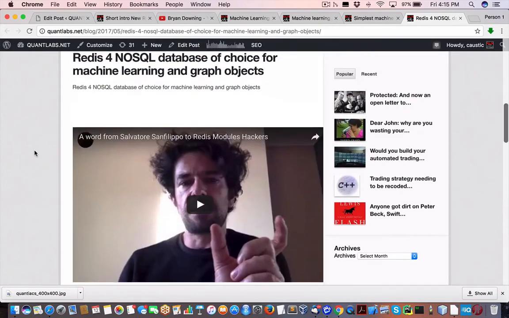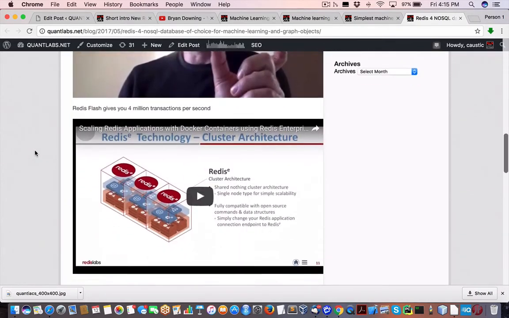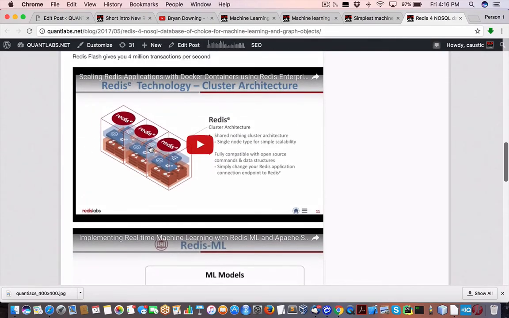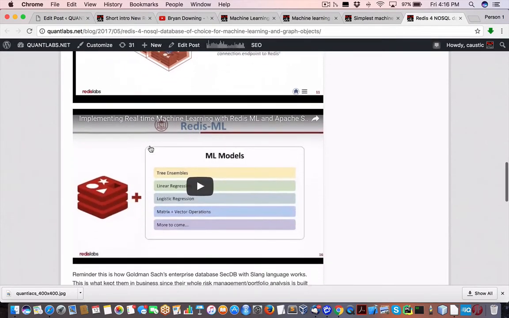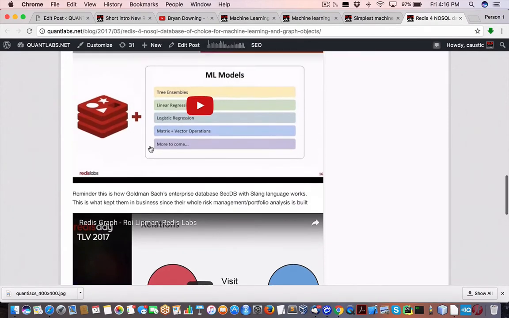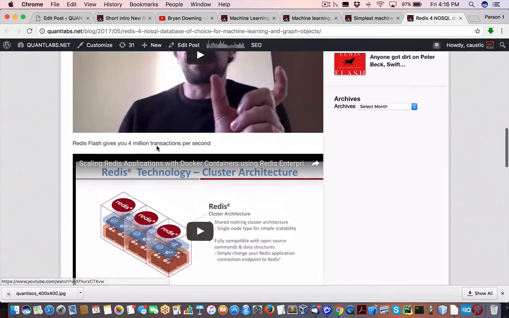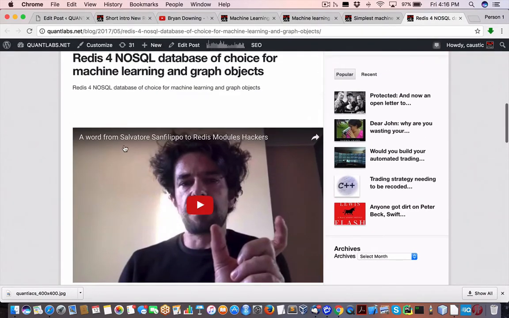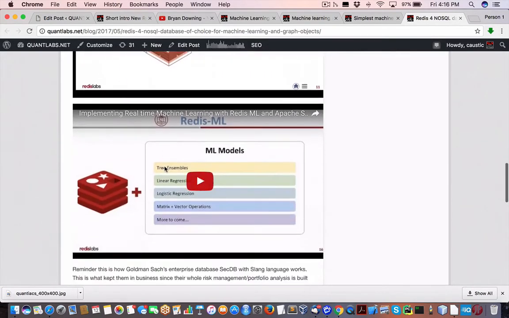I've highlighted a few videos that may be very useful for people. Redis has done a few things through Redis Labs, but Redis 4 at its core is still open source, thankfully, from this guy Salvatore Sanfilippo. If I got that wrong, my apologies.